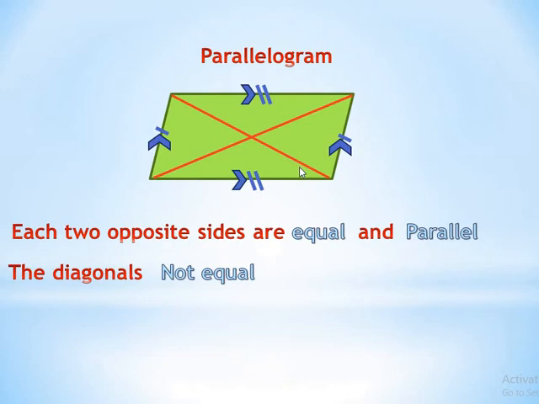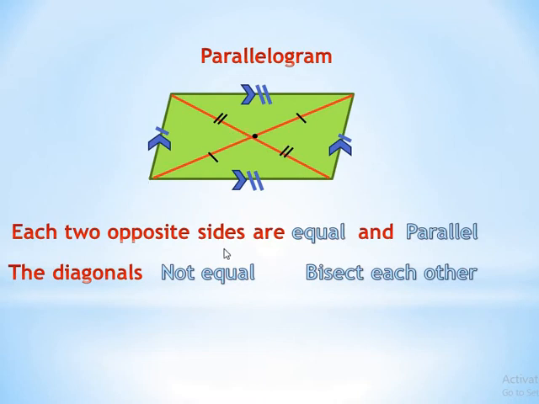In a parallelogram, the diagonals are not equal, but they bisect each other. What is the meaning of bisect each other? It means divide each other into two equal parts. This part equals this part, and this part equals this part.